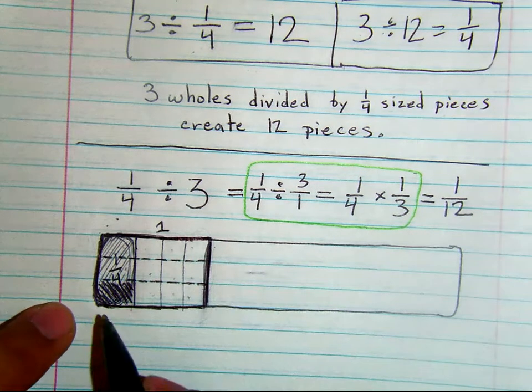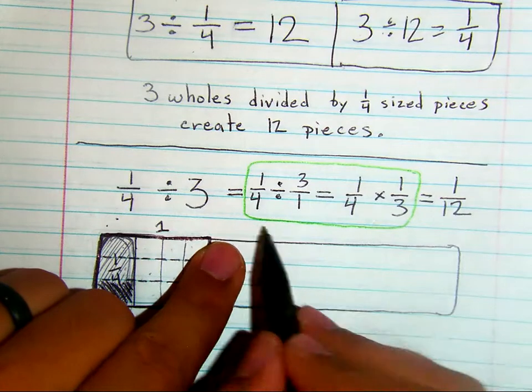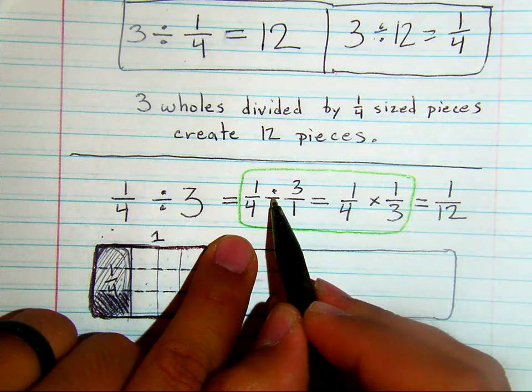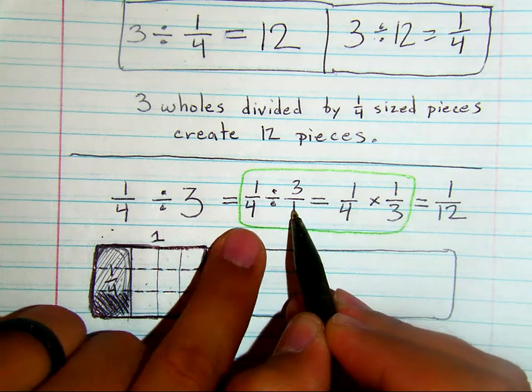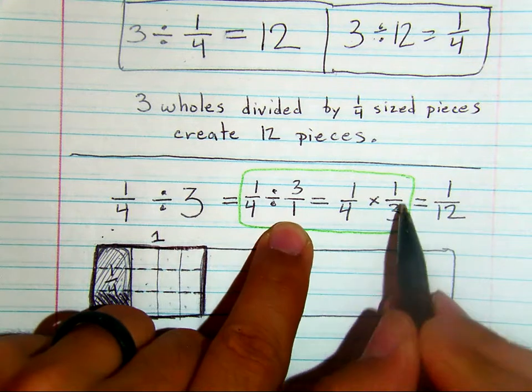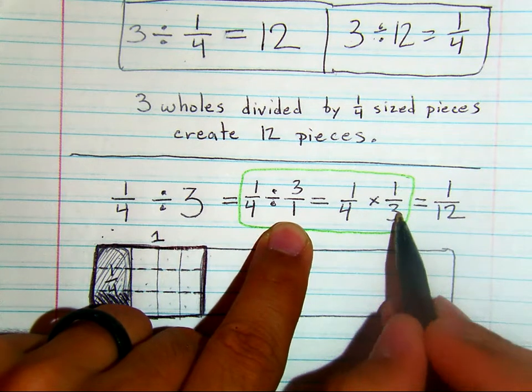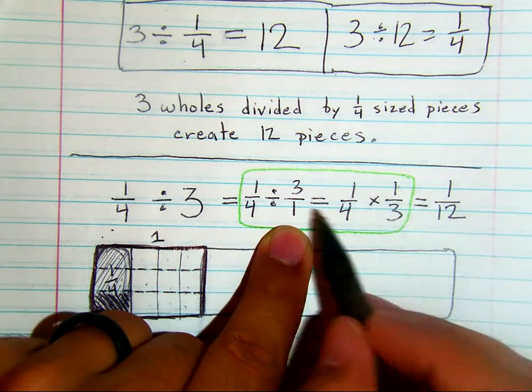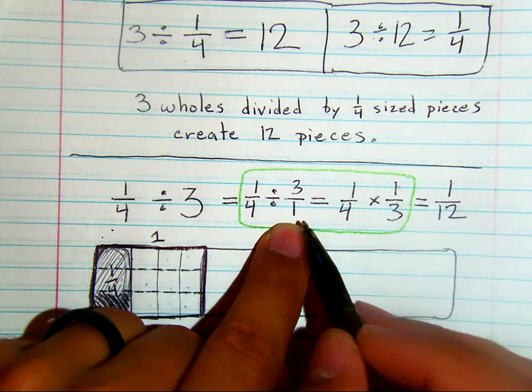And what's highlighted here in green is a little math trick, that anytime you divide by a number, you can rewrite it quickly as a multiplication of that number written as a fraction flipped. Now, I'm not going to get into flipping the reciprocal. I'm just going to say that this is a cool little trick.